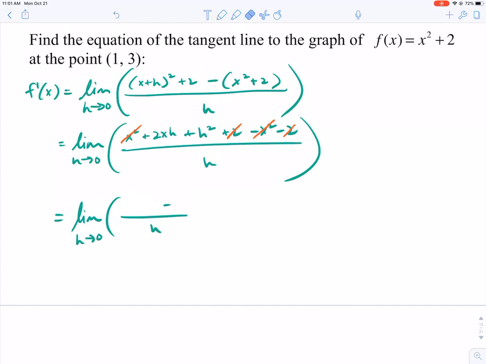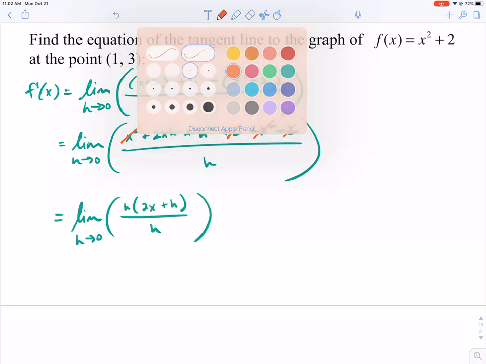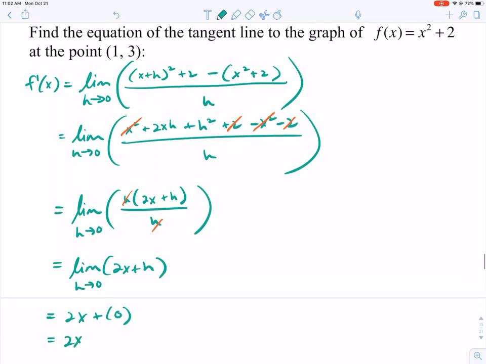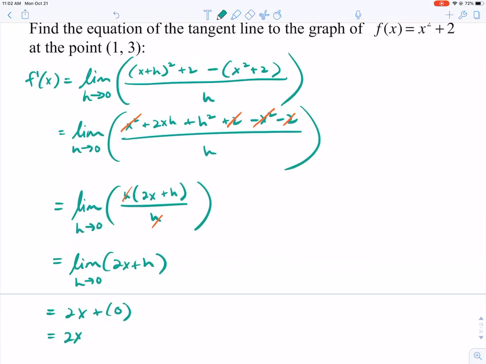Oh, and then also how about in the numerator that an h can be factored out? So that those h's cancel. Oh my goodness, we again end up with 2x as the derivative.